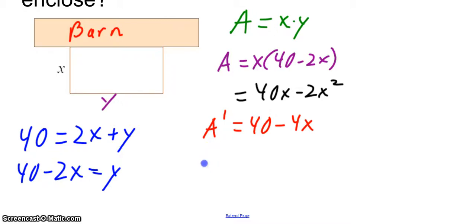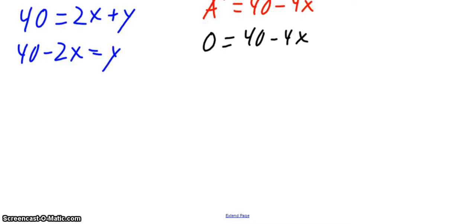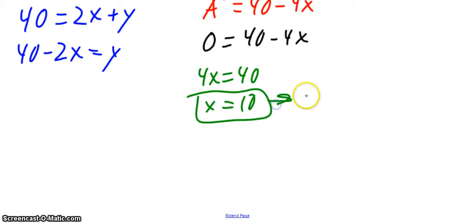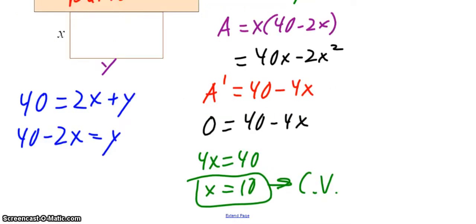So if I set this equal to 0, and if I solve this, we'll end up with, so I get a critical value of 10. Well, now what? Well, I need to determine, is this a maximum or a minimum?